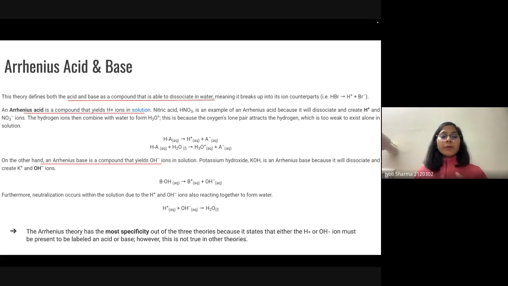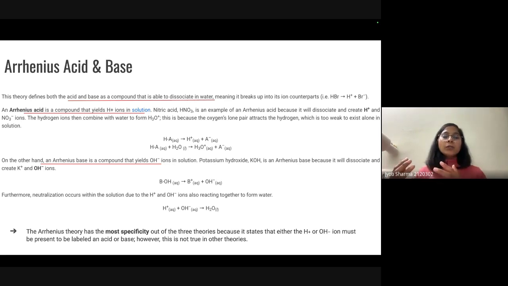If we look at the definition of acid and base given by Arrhenius, there were two important things. The first is dissociation, and the second is water. Your solvent should be water, and the compound will dissociate. When your compound dissociates in water, if it gives the H plus ion, then it is an acid, and if it gives the OH minus ion, then it is a base.